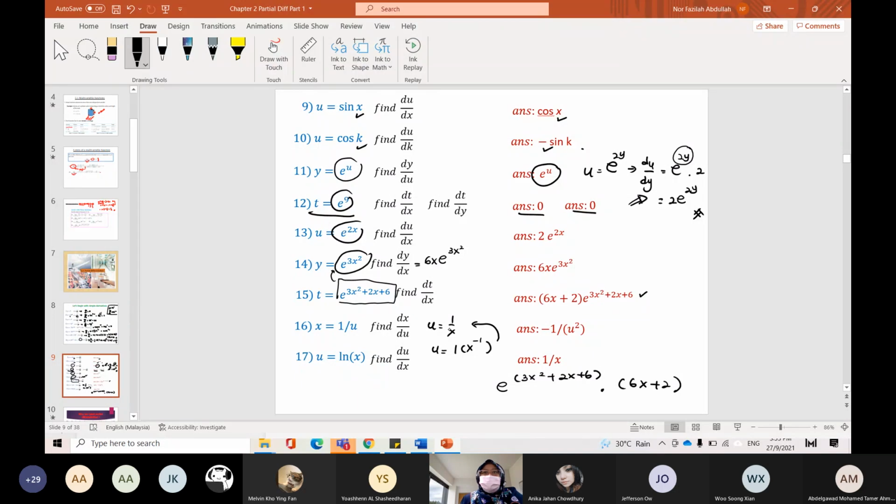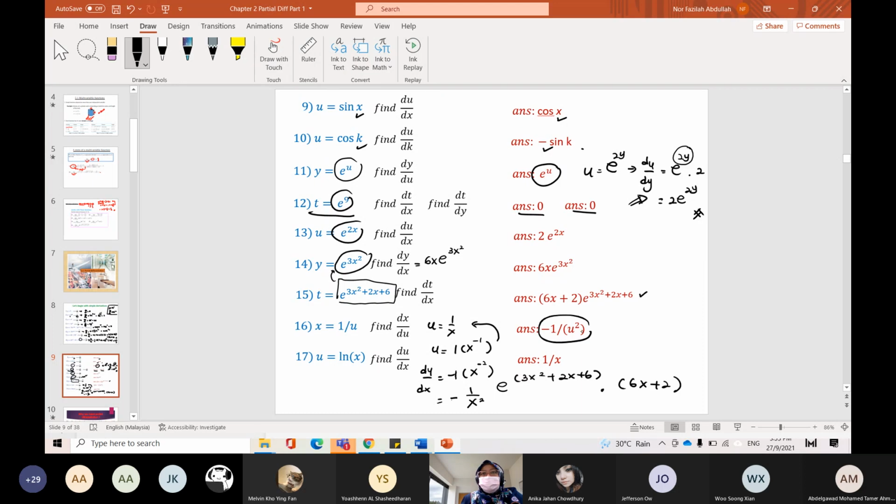When you differentiate, du over dx, you get negative 1 multiplied by x to the power of negative 1 minus 1, so it should be negative 2. When you rearrange into fraction form, it becomes negative 1 over x squared.